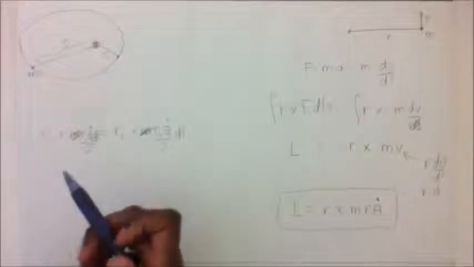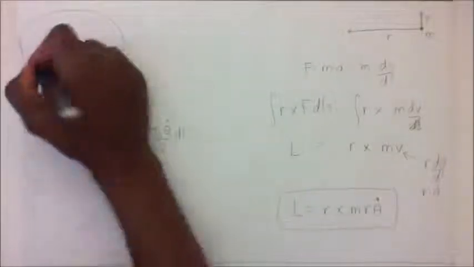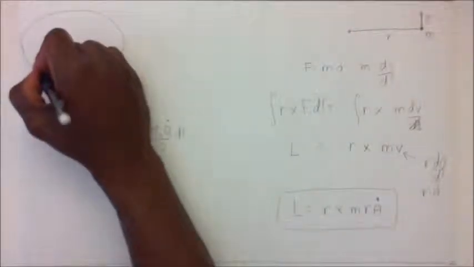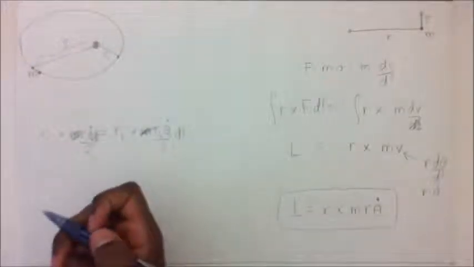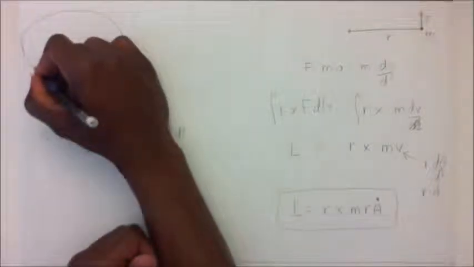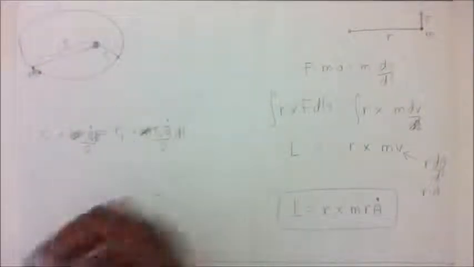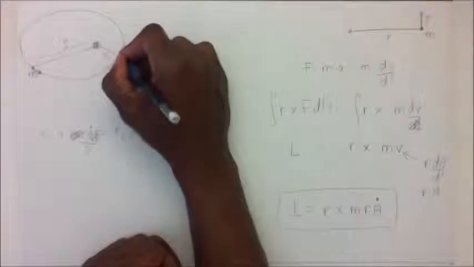Keep in mind that although the velocity here has a component that's inward, whenever you cross multiply, you get the component of the velocity that is perpendicular to the lever arm. And the same goes over here.